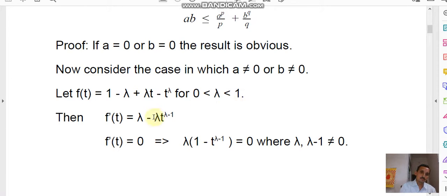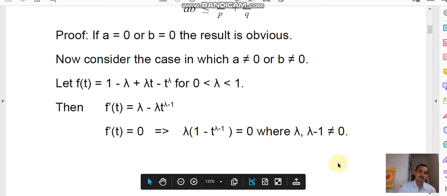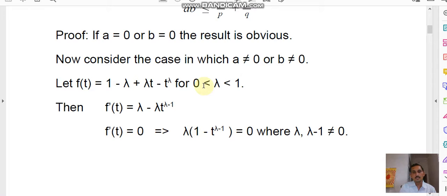So then differentiating this function, f'(t) equal to lambda minus lambda t^(lambda minus 1), and putting this equal to 0, we obtain lambda into (1 minus t^(lambda minus 1)) equal to 0, where lambda and lambda minus 1 are not equal to 0, because we are choosing the value of lambda in between 0 to 1.